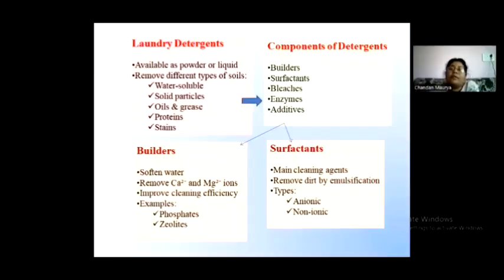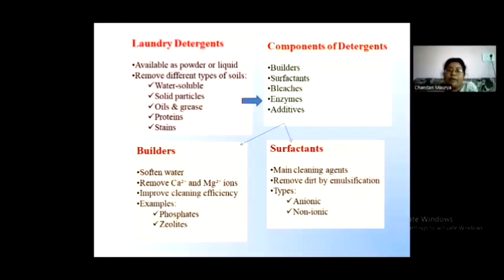Washing laundry involves removing mixed soils from the fiber surface. From a chemical viewpoint, soil can be grouped into water-soluble soils such as sugar, inorganic salt, urea, and perspiration.